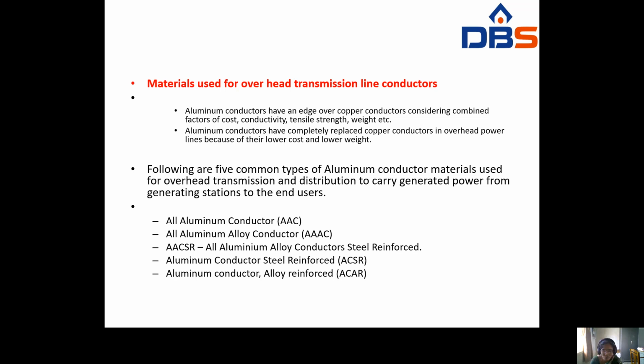In aluminum conductors also there are different types. Mainly we use five types of aluminum conductors to transmit the power from the generating station to the consumers, that is, the users. Those are AAC, AAAC, AACSR, ACSR, ACAR.